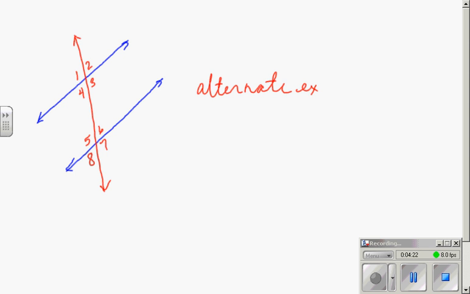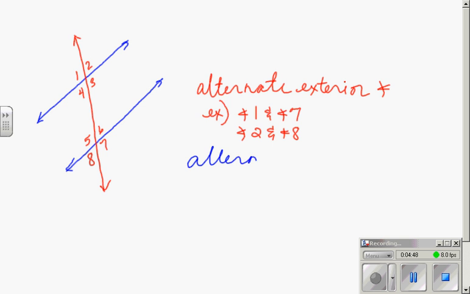One of the terms is alternate exterior angles. These are angles that are on opposite sides of the transversal and outside the parallel lines. So for example, they are angle 1 and angle 7. They are angle 2 and angle 8.